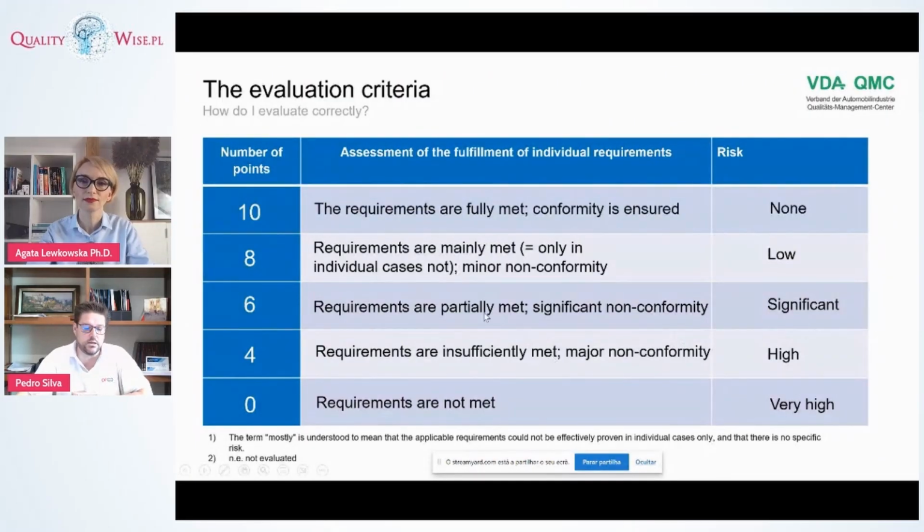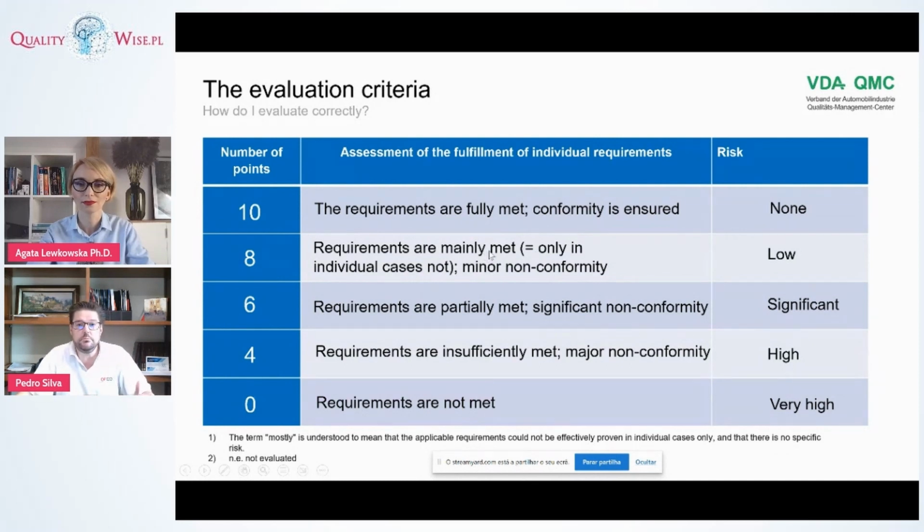So let me share the screen here. The classifications are like this. 10, when everything is okay. You audit, you ask for evidence, everything is okay, so it's a 10. An 8, when the requirements are mainly met, only in individual cases not.